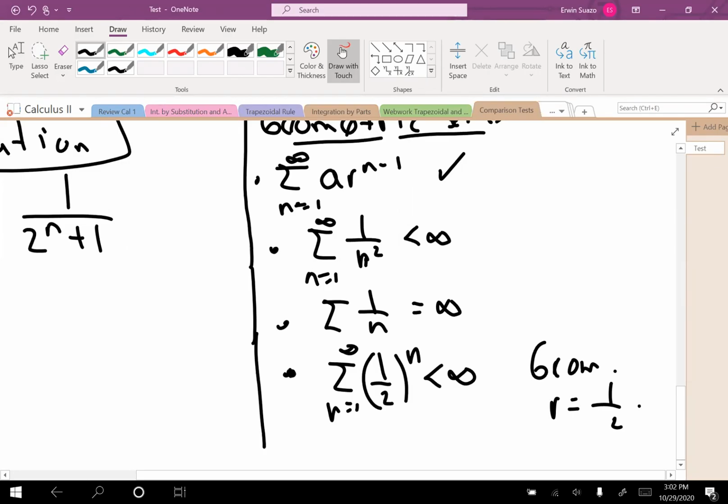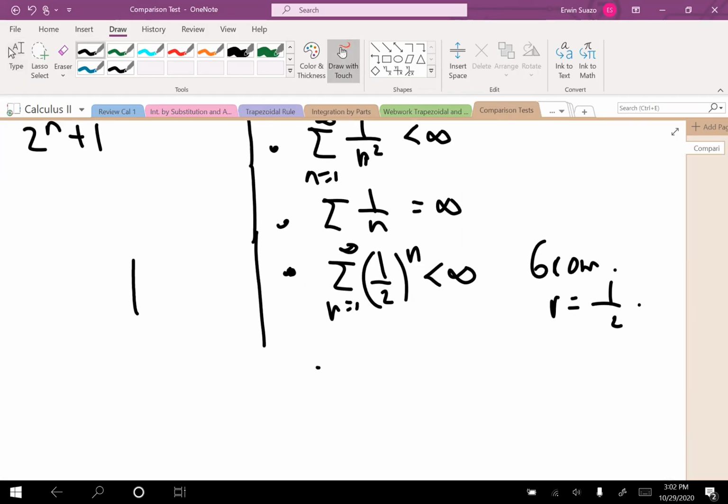Okay. So that's what we want to use. That's pretty much what you have right now. You don't have that much. You could have 1/2 to the n. You could have a sum of 1/3 to the n. You know those. It's convergent.